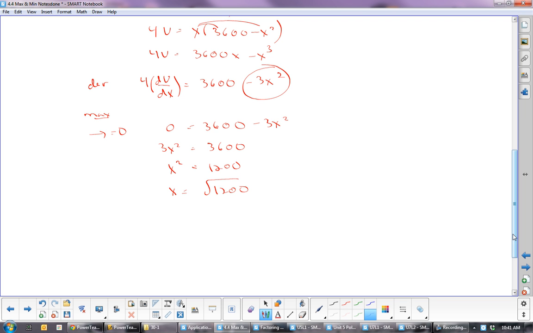Okay, this is the same thing as 100 times 12, right? So this would be 10 root 12, and root 12 is 4 times 3, 4 comes out. So this would be 20 root 3, which is 34.64.